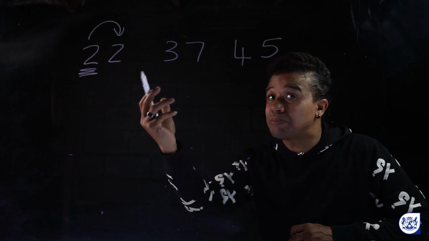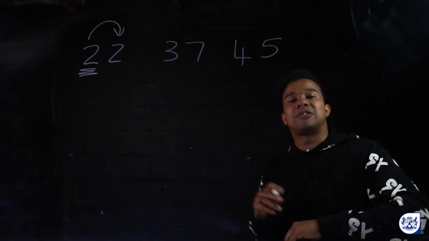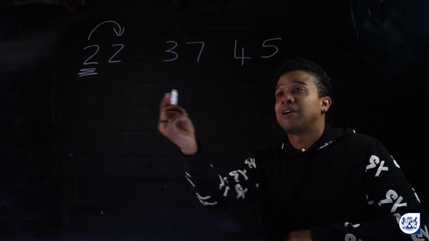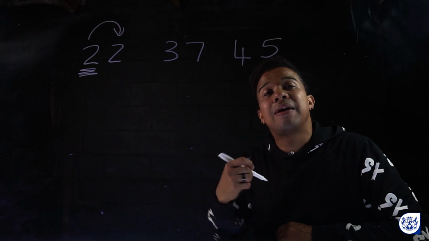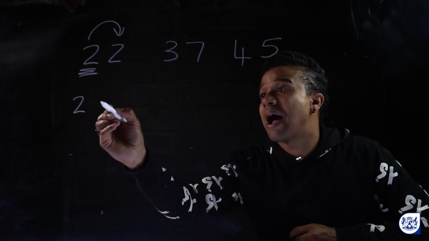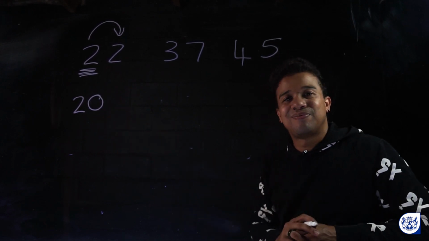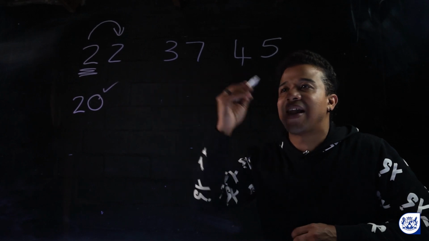The number in our tens place will increase by 1, and the numbers behind it will become 0. So, clearly this number is 4 or less, and therefore our number in the tens place will stay the same, and the number behind it will become 0. And that's exactly the same answer we got when we used the number line.